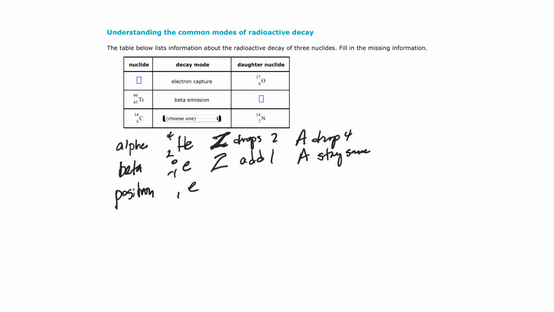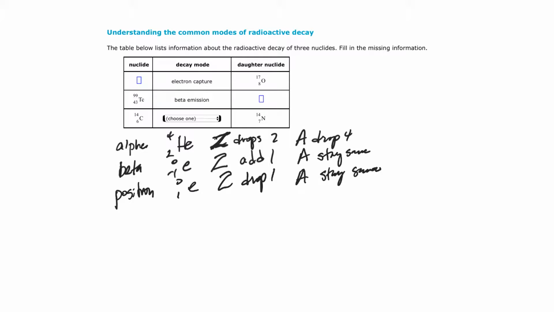So it's a +1, but it still has no mass. So think of it like an electron, but it's a positive electron. In that case, if you spit one of these out, your Z is going to drop by 1. But your A stays the same since it's 0.